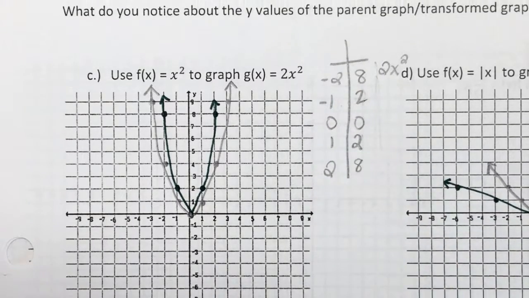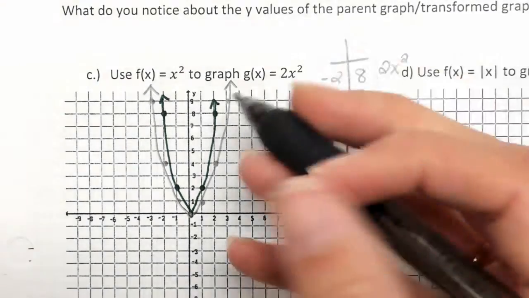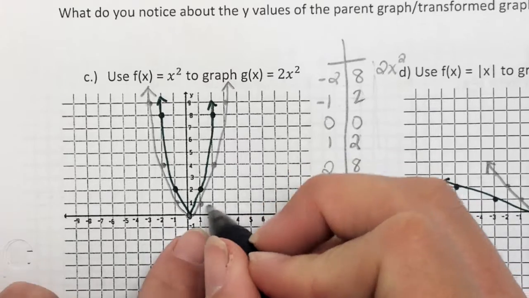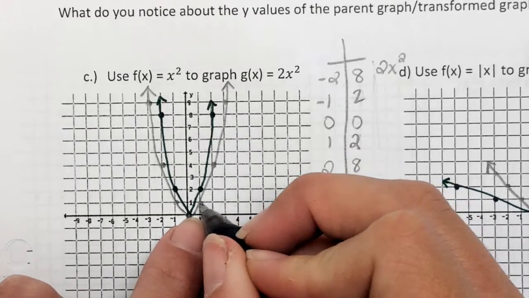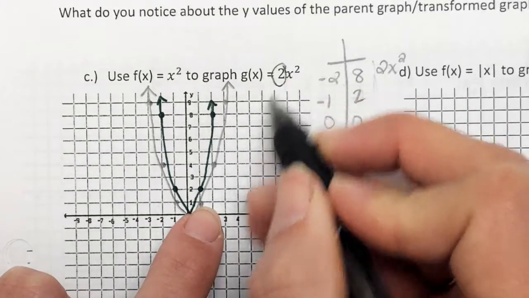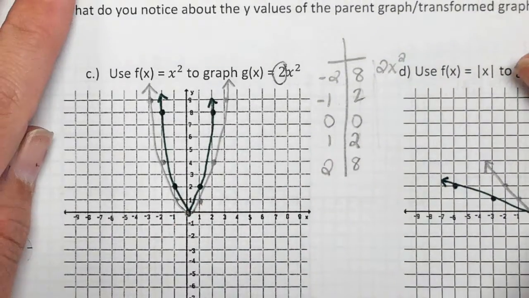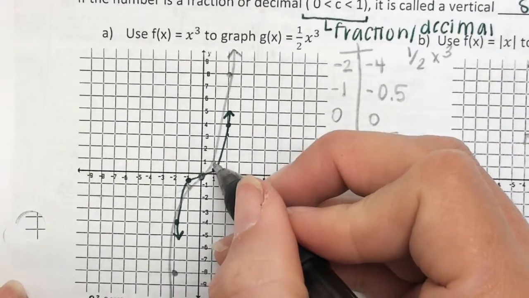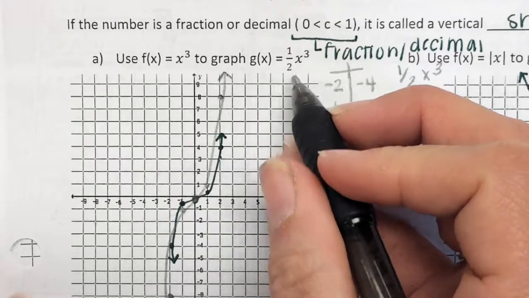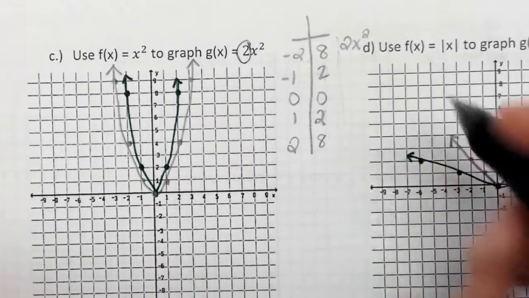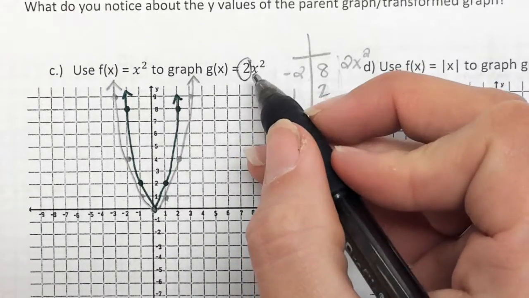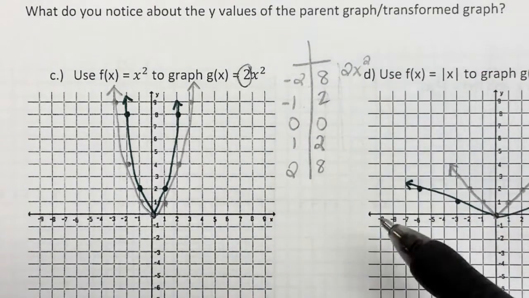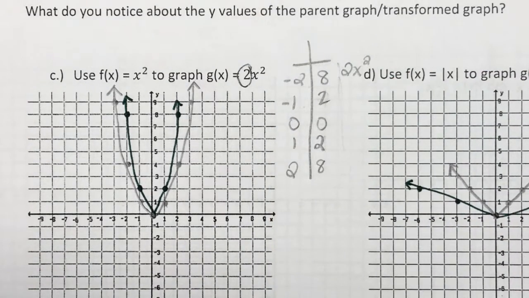So if you look at our original graph, our parent graph, the y value was 1, and all you had to do was multiply it by this 2. Just like up here, all the y values, we just took and multiplied them by 2. Does everybody see that? If you're more comfortable with making a table, that's completely fine.